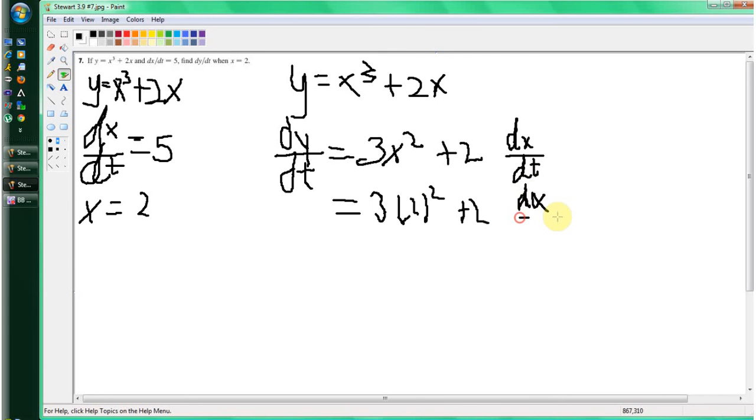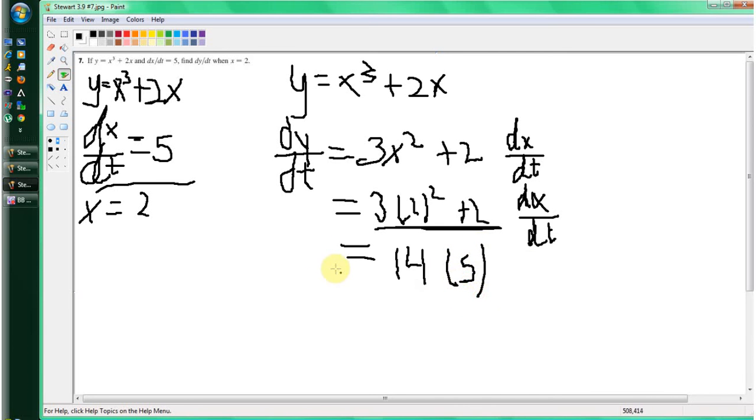dx/dt, and this would equal 2 squared is 4, times 3 is 12, plus 2 is 14, and dx/dt is given as 5, so that would be 14 times 5 is equal to dy/dt.